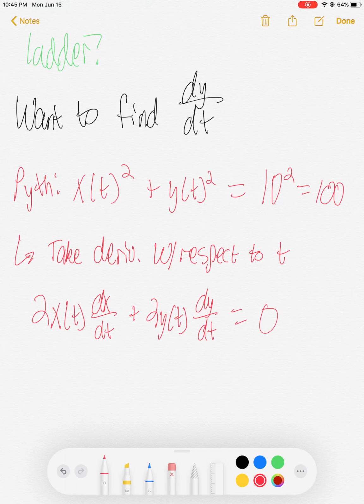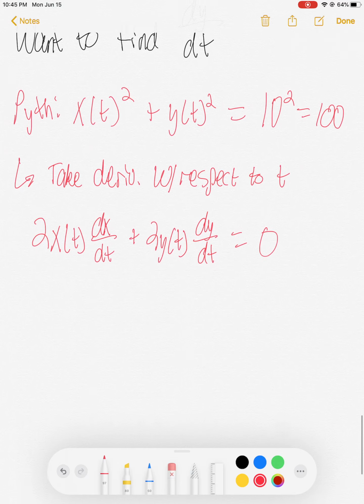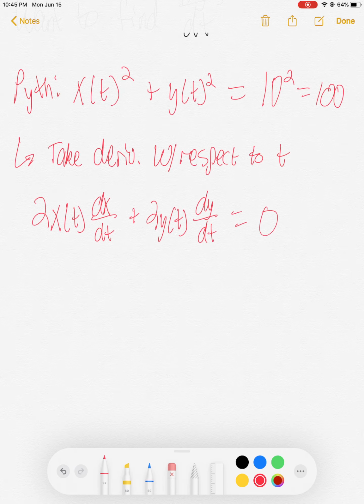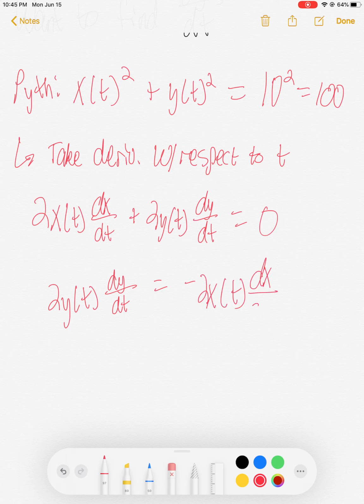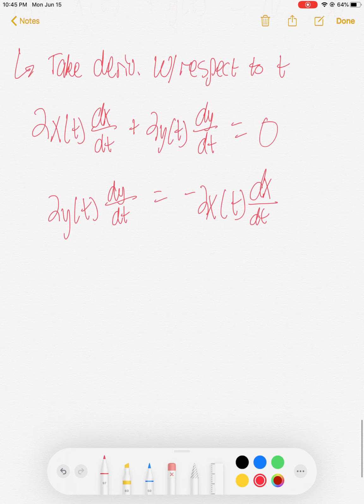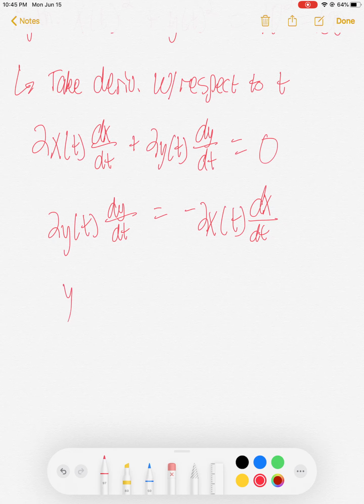All right, and what I find is that, so let me see, this is going to be 2x of t dx dt plus 2y of t dy dt equals 0. When I take the derivative of 100, it just becomes 0. All right, so this is what we got.